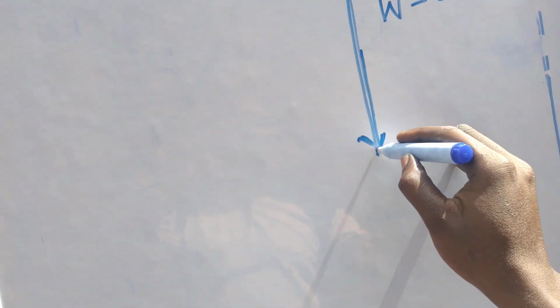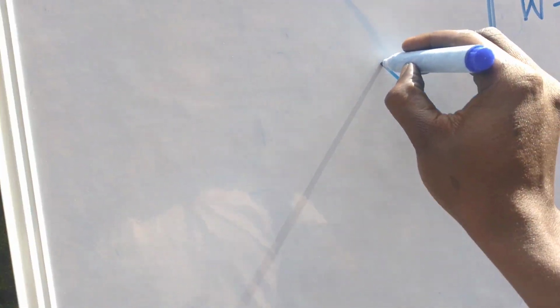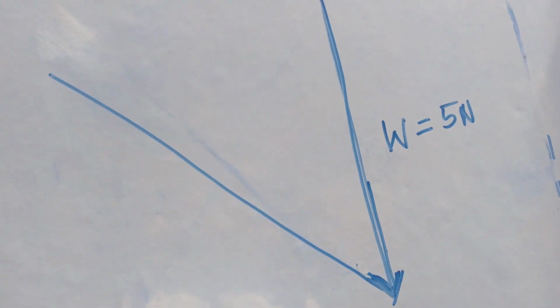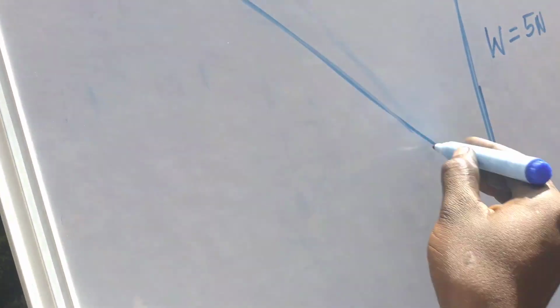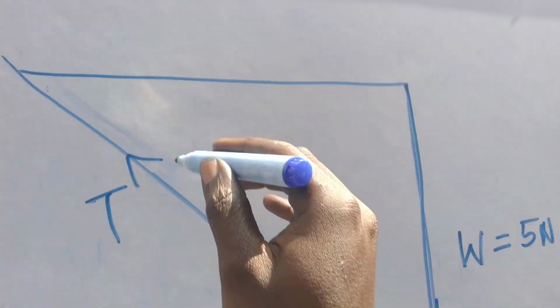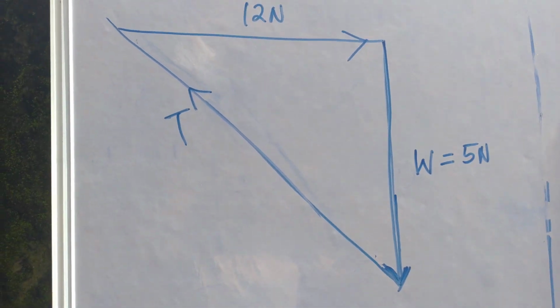Then I take my tension force going like this, tension force T. And then you also take this other horizontal force, that's 12 Newton. So you have something like this.